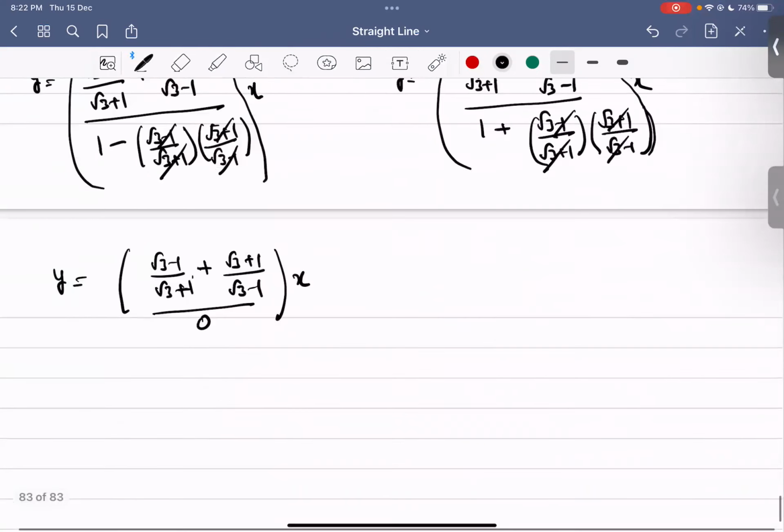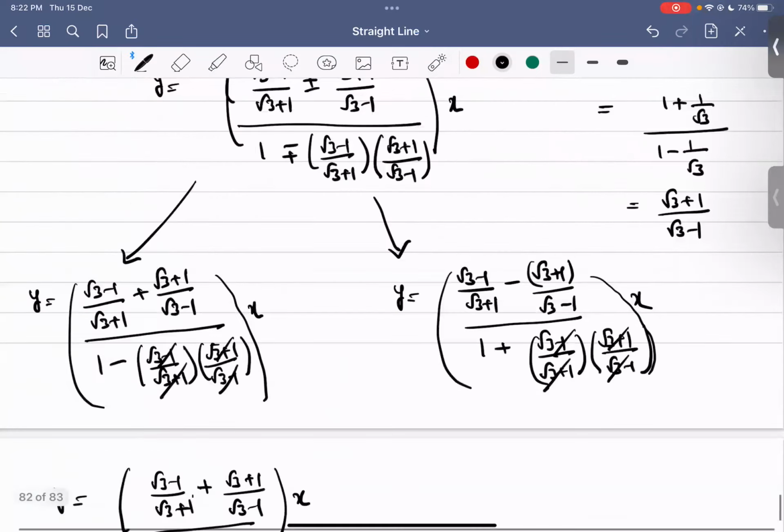So what is happening here is the slope of this line is undefined. Yes or no? Slope is undefined means the line is a vertical line. One of the lines is a vertical line.